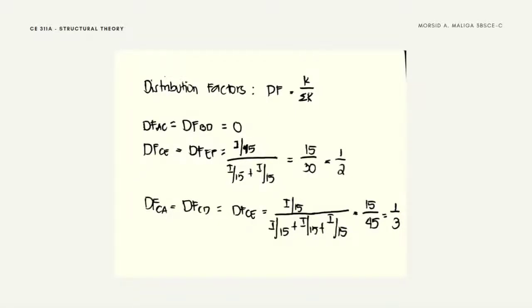So the distribution factor of CA is equal to the distribution factor of CD and CE, which is equal to I over 15 all over I over 15 plus I over 15 plus I over 15, which is equal to 15 over 45, or in simplest terms, 1 over 3.